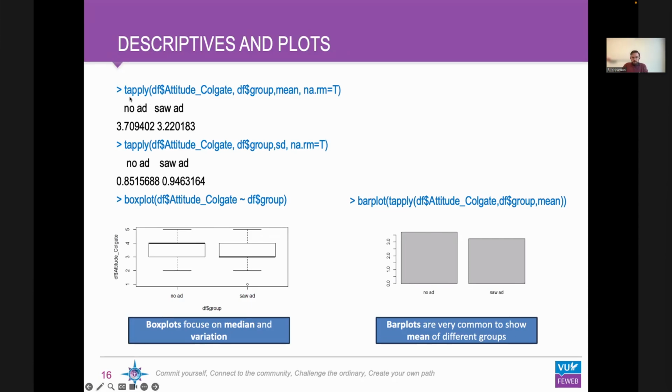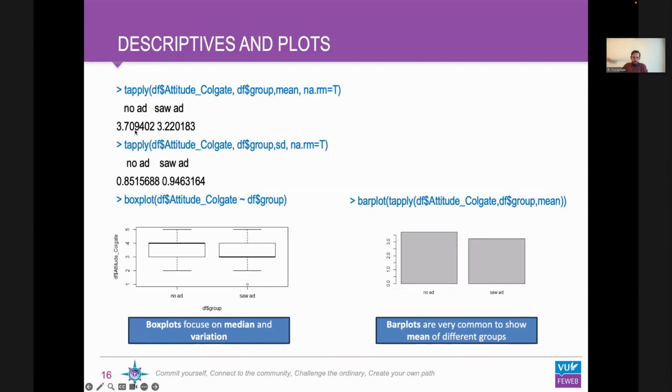If you want to see the mean of a metric variable across two different groups, then you can use tapply, right? You give the metric variable, the group variable, and the function that you want to execute, and this removes the NAs in the data.